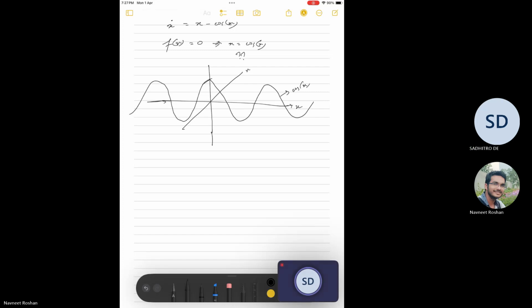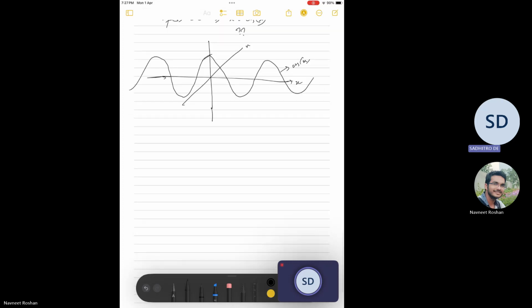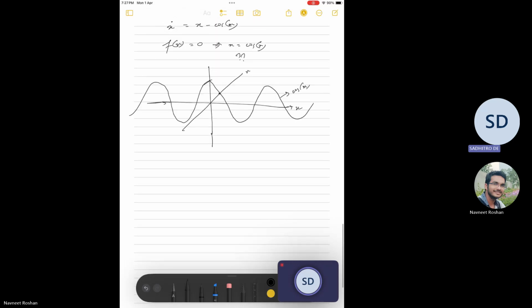All right, so you will see that if you do it correctly, then there is only one point of intersection between x and cos x, and this is the point where basically x is equal to cos x, and this is the fixed point. All right, so this turns out to be my x star.